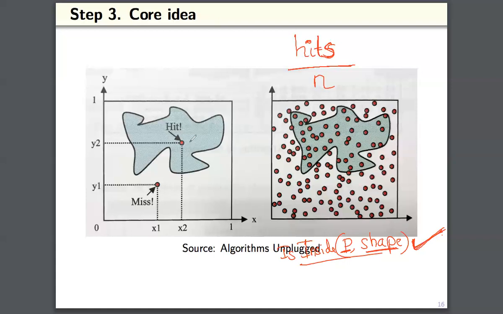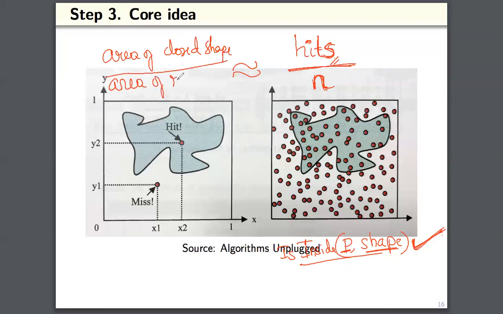Count the number of points that are inside the closed shape divided by the total number of points, that is approximately equal to area of closed shape divided by area of rectangle. You know the area of rectangle, it's easy to compute, width into breadth, length into breadth, whatever.